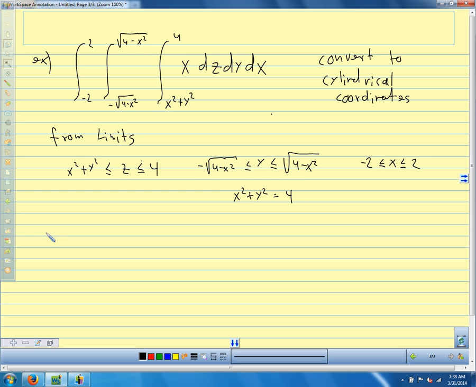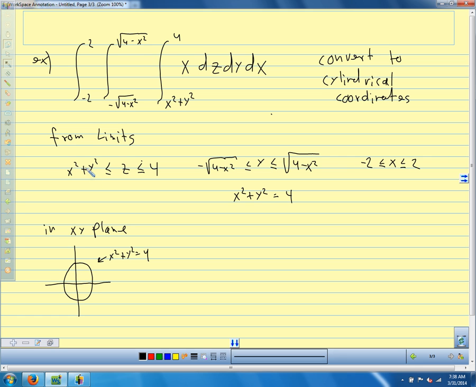So in the xy plane, this tells us that we are talking about this region. And that also takes care of negative 2 less than or equal to x less than or equal to 2. X is varying from negative 2 to 2.